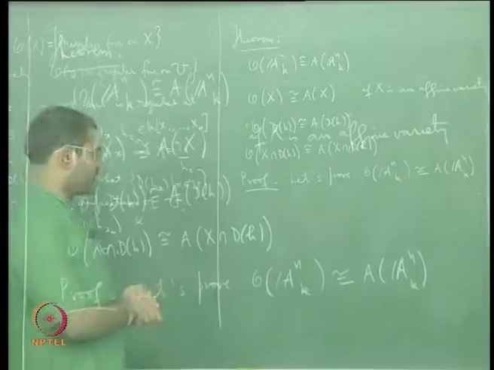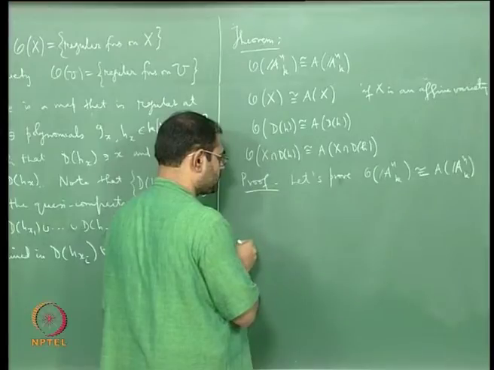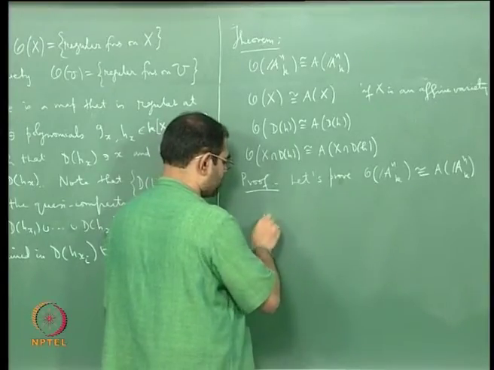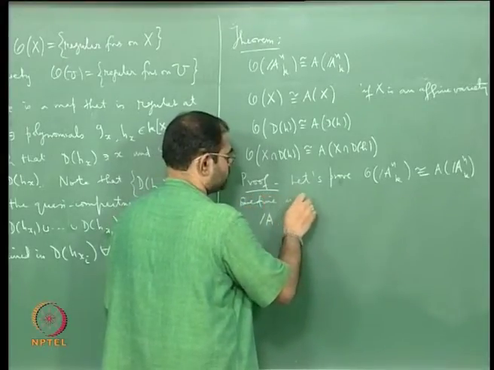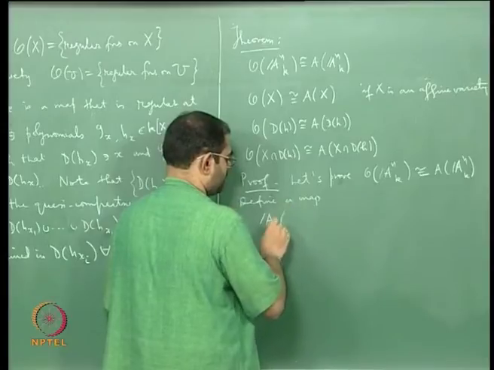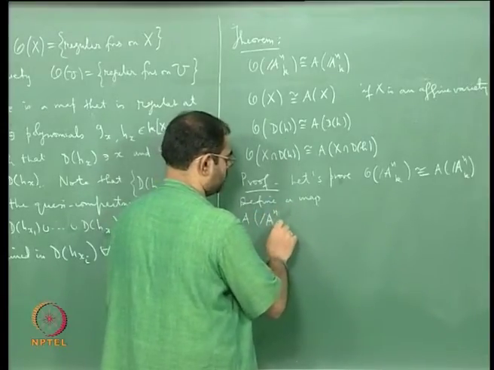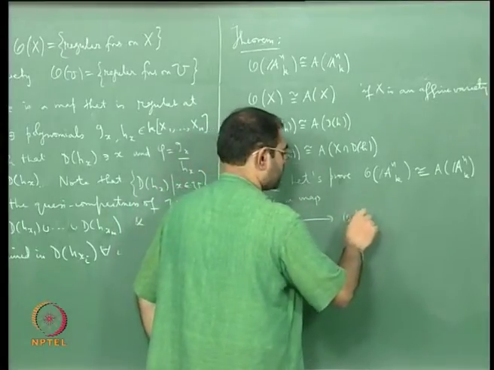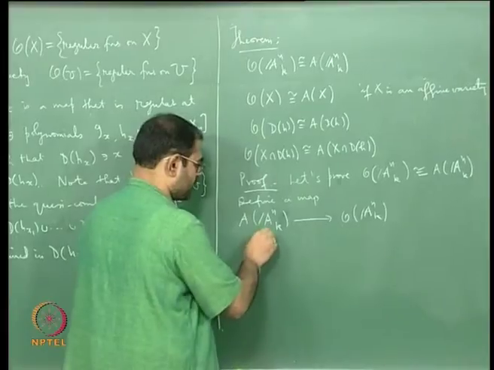So how does one do this? I will define a map from A of A^n to O of A^n by a very simple map.